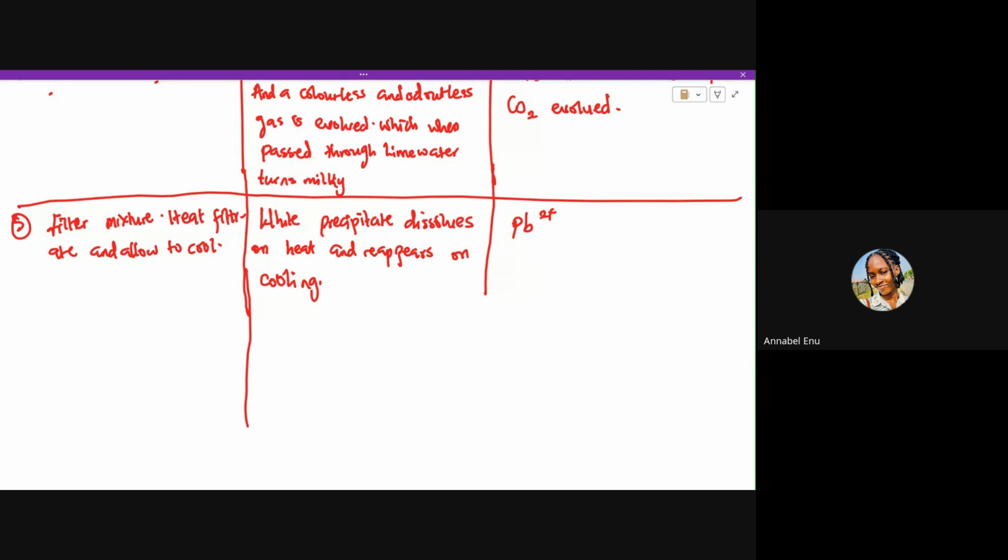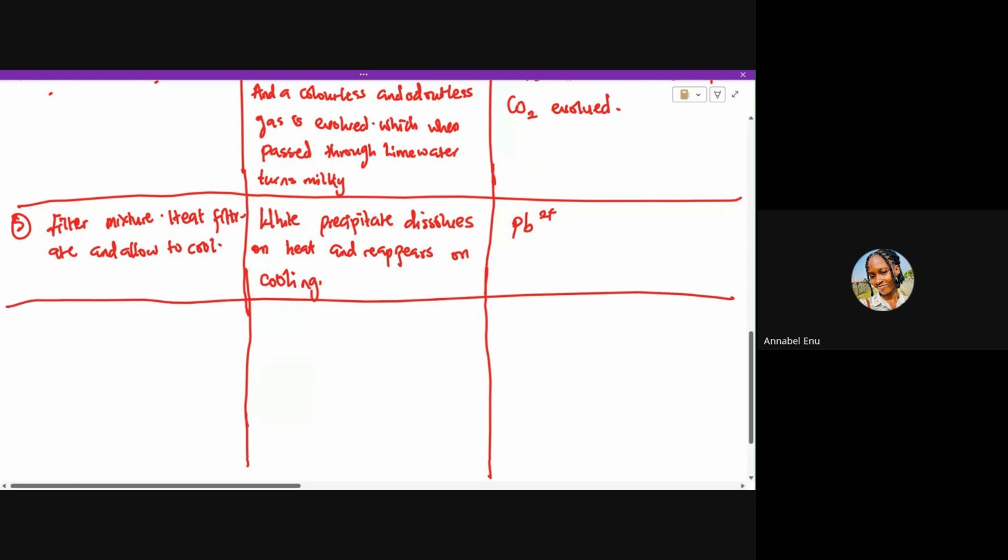So you don't have to memorize them. You just have to know what will happen when you carry out that step. You'll be instructed on the step to follow. So what if you're being told that the filtrate, so maybe instead of this test 3, you can have these other tests to replace it.